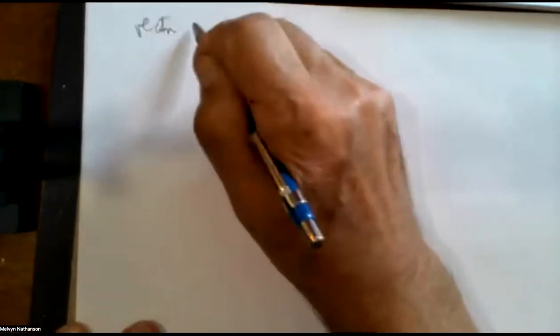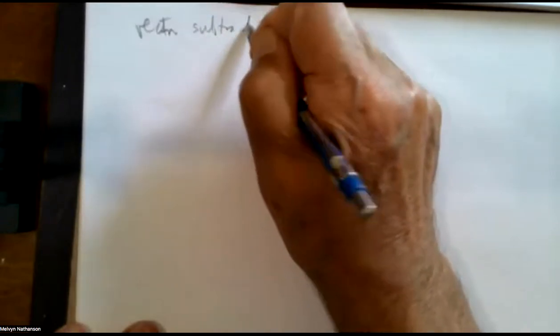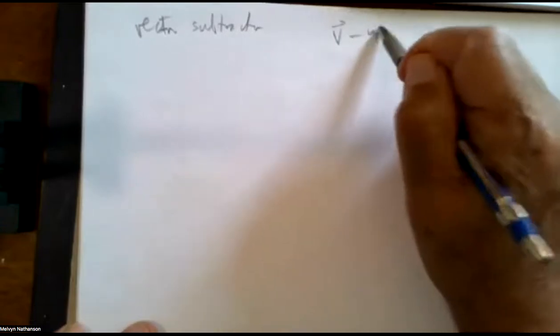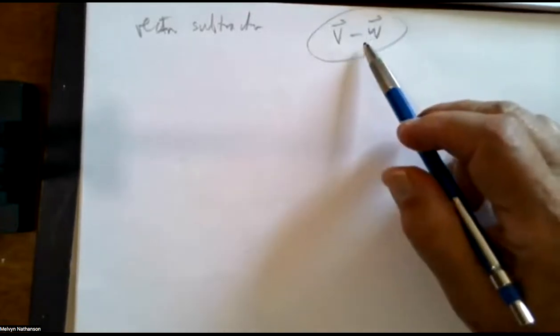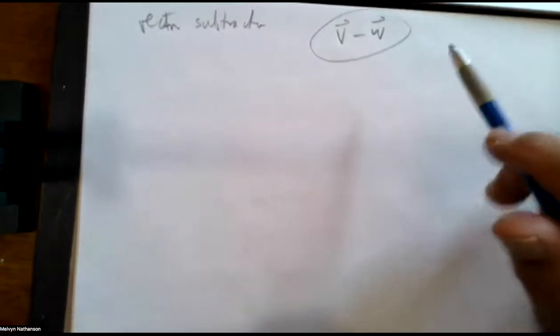But I can draw a picture, if you like, to justify vector subtraction. So suppose we want to define the vector V minus W. You're given vectors V and W, you want to define the difference. So you might say, well, what should this be?